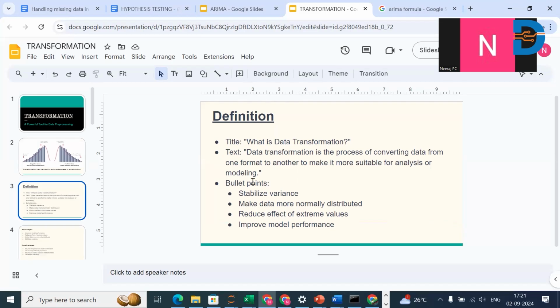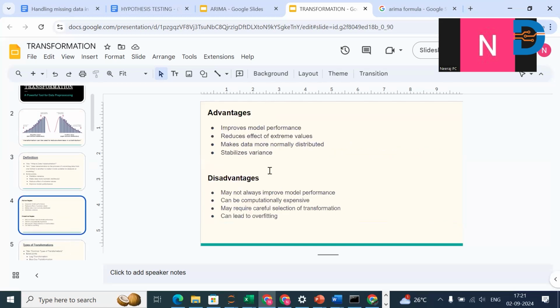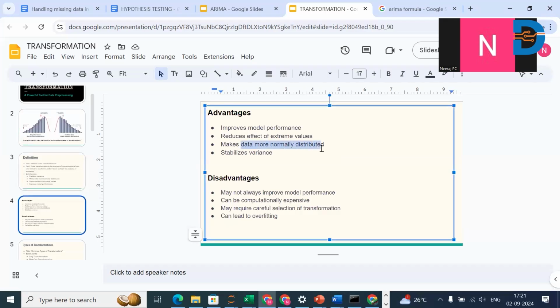So why should we do transformation? To stabilize variance, make data more normally distributed, reduce effect of extreme values, improve model performance. What is the advantage? We improve the model performance, reduce effect of extreme values or the outliers, and make the data more normally distributed and stabilize its variance.